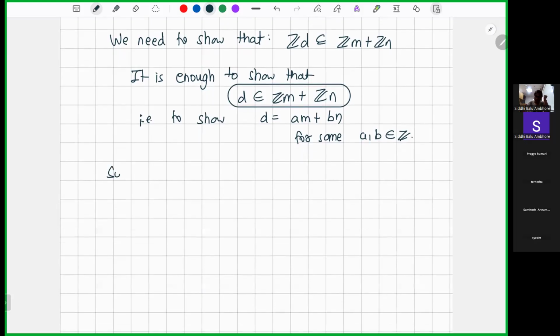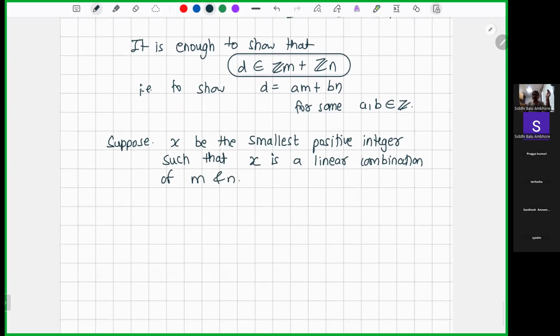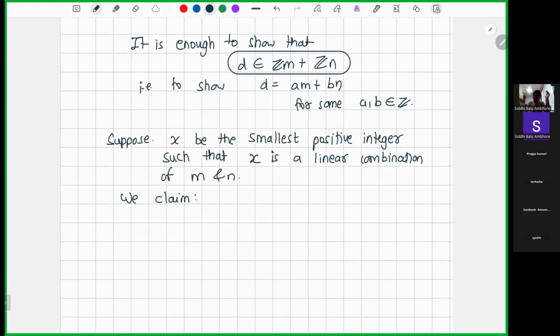Now, suppose x is the smallest positive integer such that x is a linear combination of m and n. Okay, and we claim that x is actually this d.